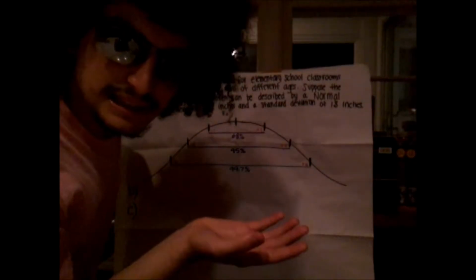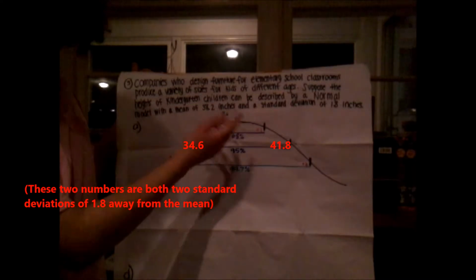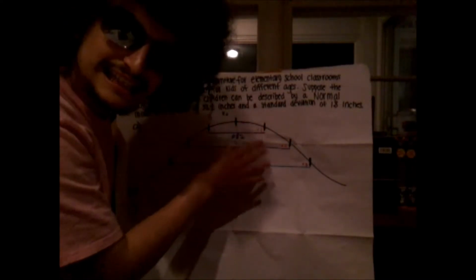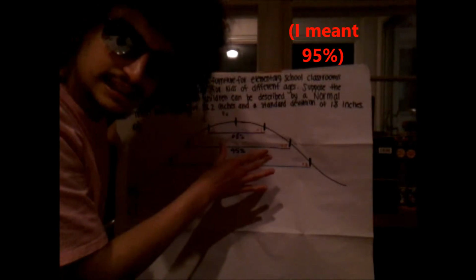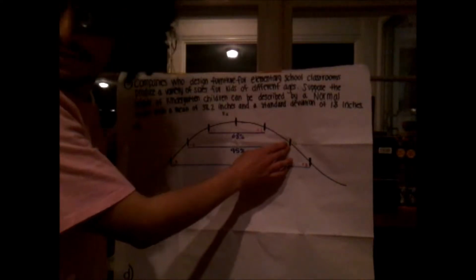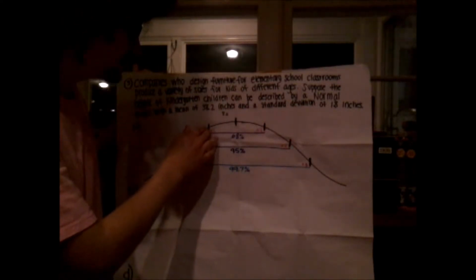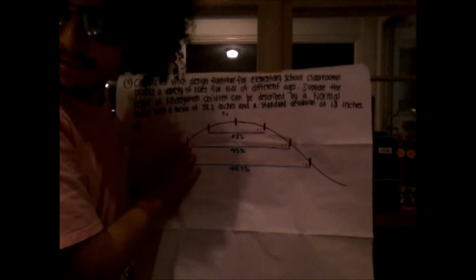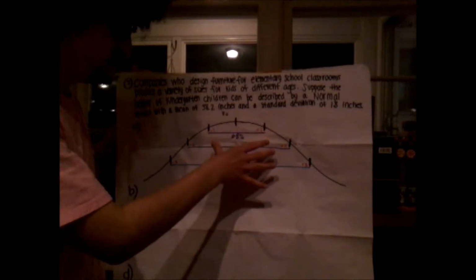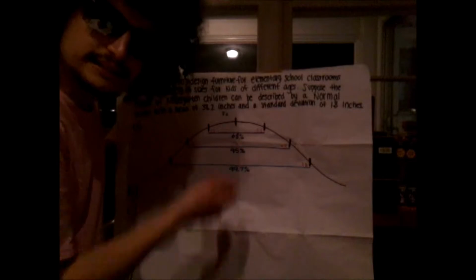The empirical rule basically means that if these two numbers were 34.6 and 41.8, the range of those numbers is 68% of the students. And if you were to add a standard deviation to the larger number, in this case 41.8, and subtract a standard deviation from the smaller number, in this case 34.6, that new range would apply for 95% of the kids.